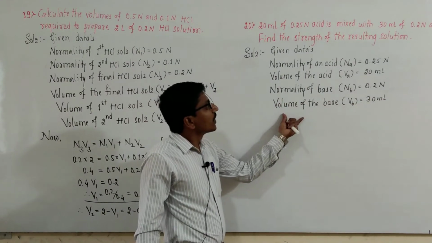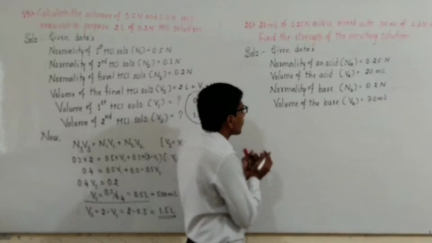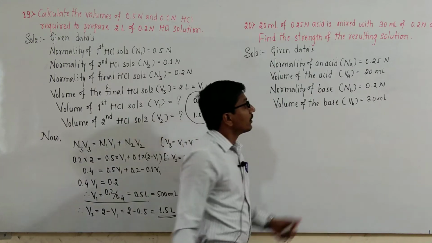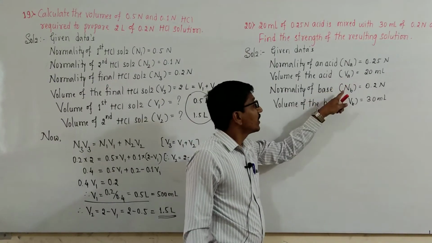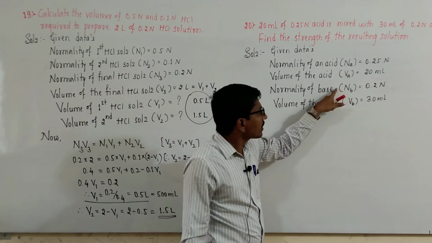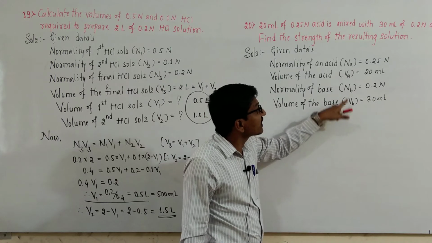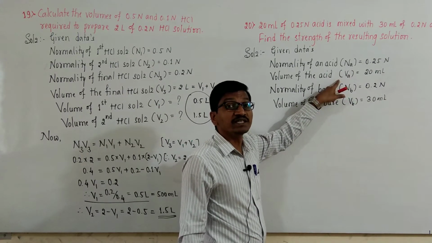Calculate the strength of the resulting solution. Here, if the product NaVa is greater than NbVb, then the solution is acidic. If the product NbVb is greater than NaVa, then the resulting solution becomes basic or alkaline.